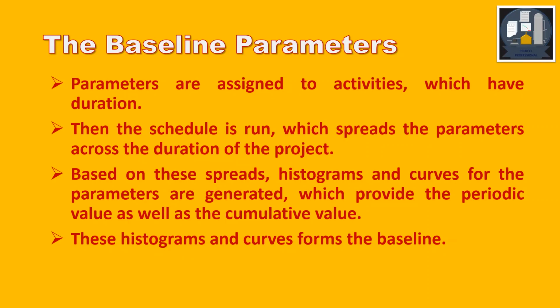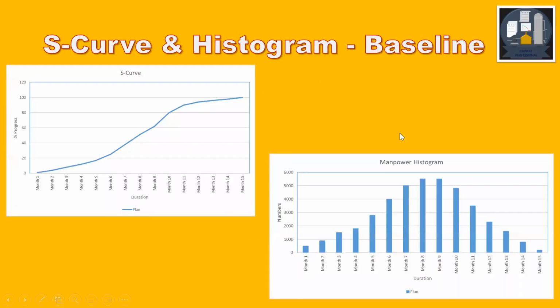These histograms and curves form the baseline. These are examples of an S-curve and a histogram. On the left side is the S-curve, meaning the baseline progress S-curve, and on the right side is the manpower histogram.